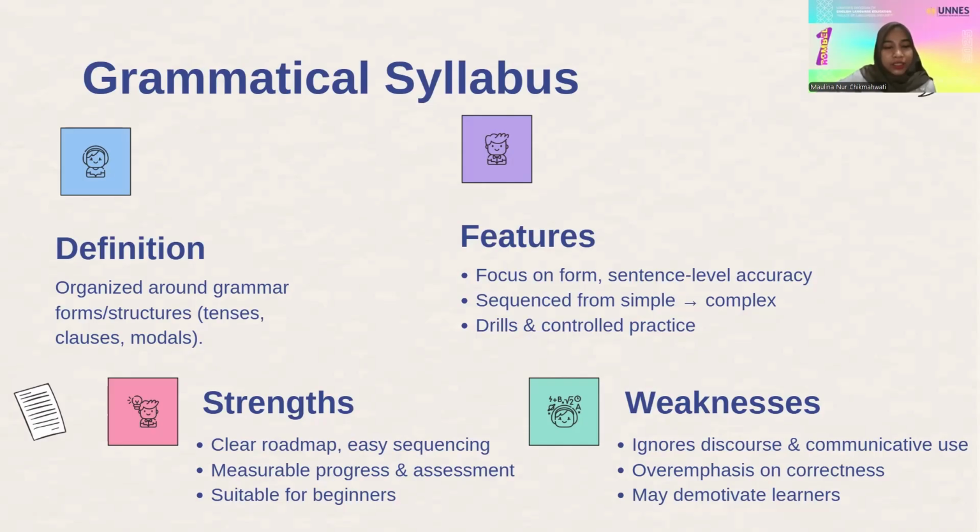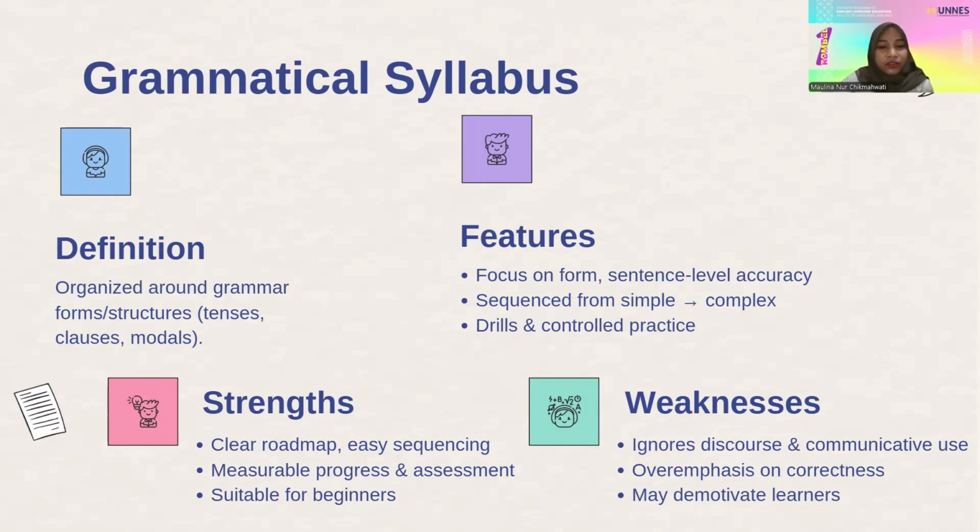Grammatical syllabus also deals with drills and controlled practice. For example, if we teach tenses, for week 1, we can give a grammar focus of present simple with communicative activities like talking about daily routines. Then week 2, we have present continuous focus with communicative activities like describing a busy scene.